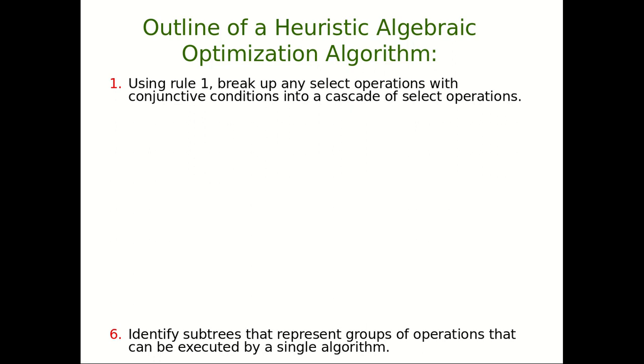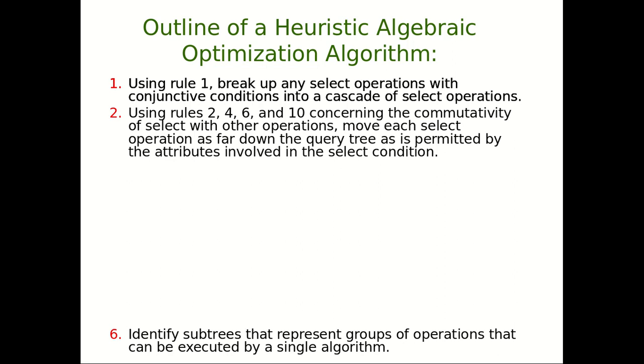That is, in the initial query tree, the Cartesian product of all the relations is followed by a select operation on the condition that we specify in the where clause of the SQL statement. Now this select operation with so many conjunctive conditions, you break it into a separate set of select operations.